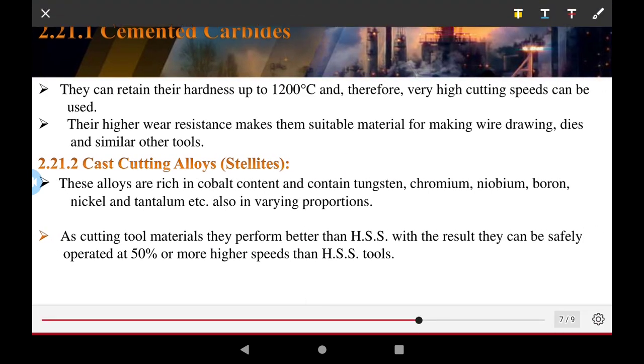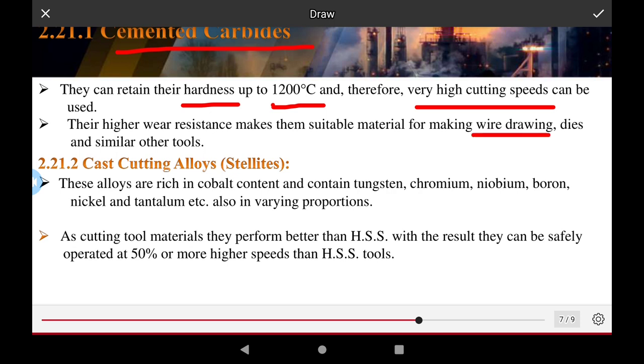Cemented carbides can retain their hardness up to 1200 degrees Celsius. They are used at very high cutting speed. Their higher wear resistance makes them suitable material for wire drawing dies and similar tools.